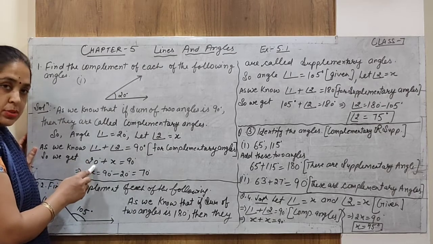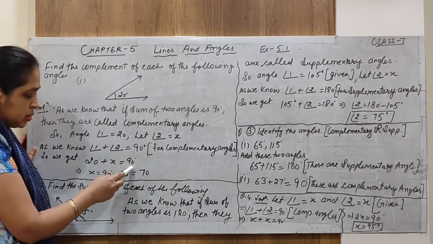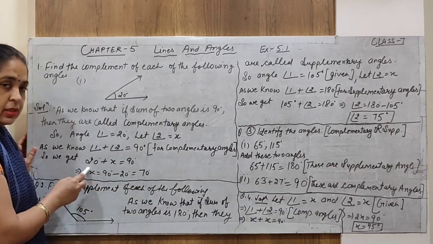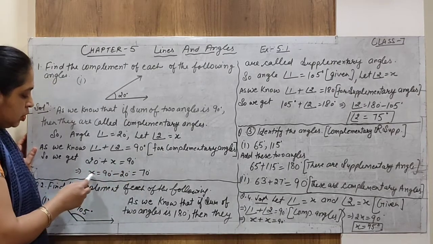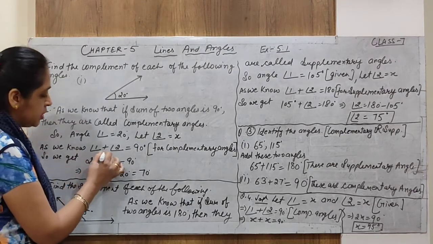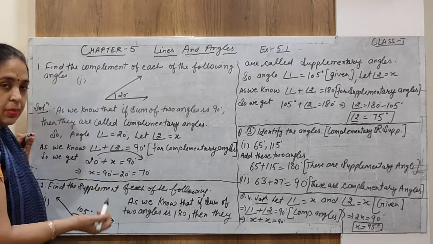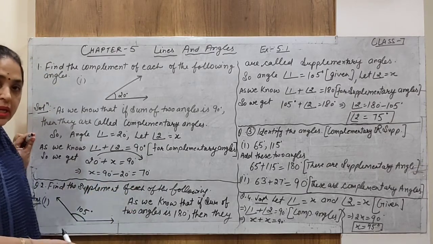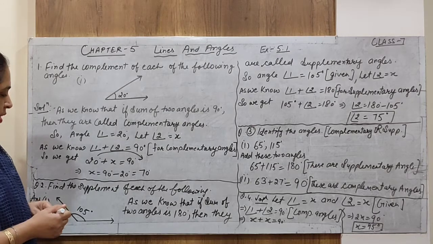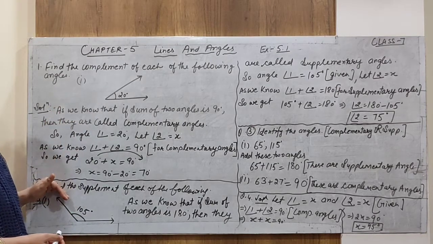Angle 1 is equal to 20 degrees, angle 2 is equal to x, and the sum is equal to 90. So the value of x from this equation, when we transpose 20 to the right hand side, what we get here? We get 90 minus 20, that is 70 degrees. So in this way we get the complementary angle of 20 degrees.